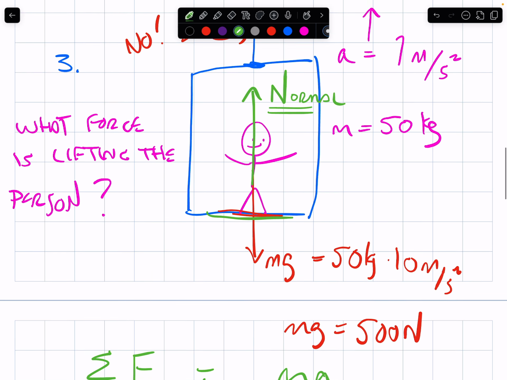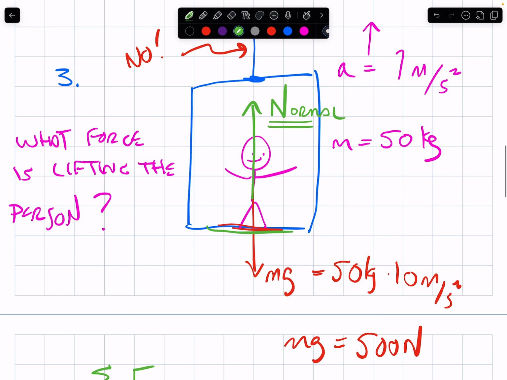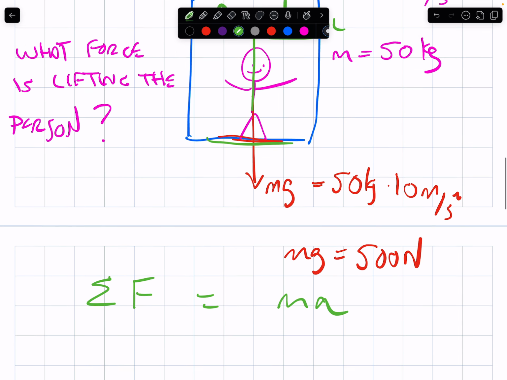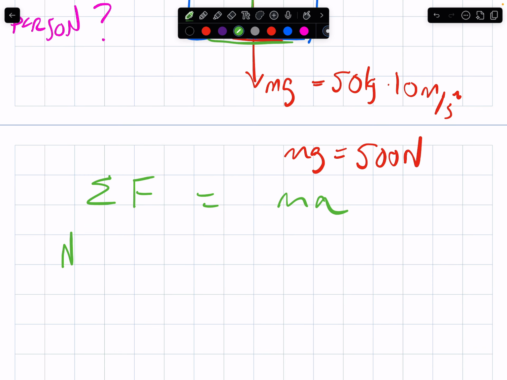And then you've got to draw this picture, I'm telling you, and draw these little arrows here. So we're going to call up positive. And the two forces in this case are N and mg. So I'm going to write N minus mg equals ma. Okay, and now we could put numbers here if you want to.